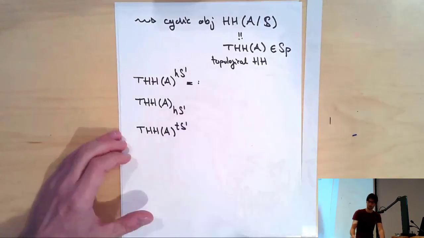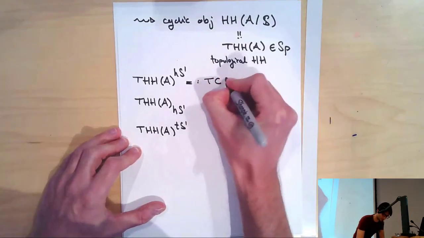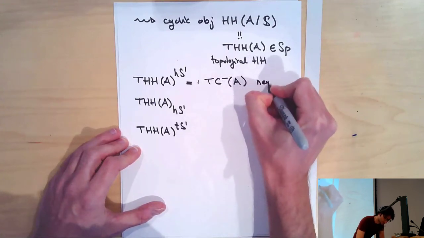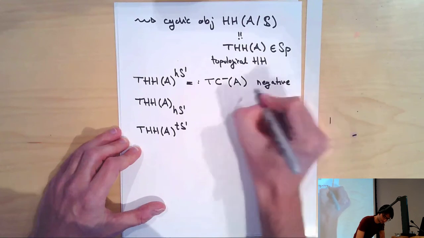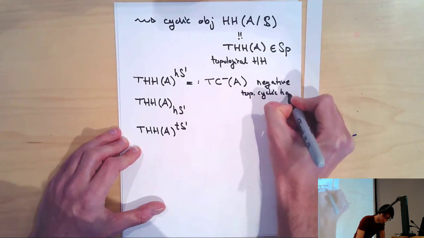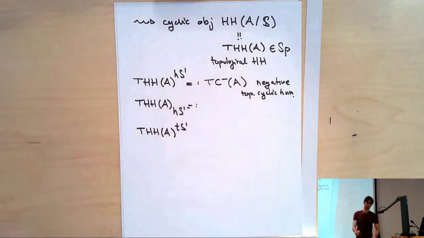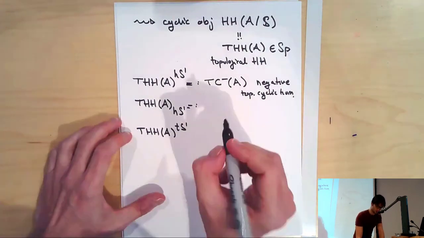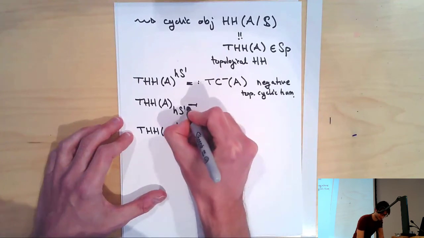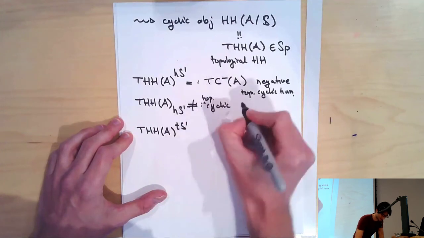So this first one, by analogy with what we saw in the comparison with the classical theory, is called the negative topological cyclic homology of A. When I pass to S1 homology of the action, this is not defined to be the topological cyclic homology.